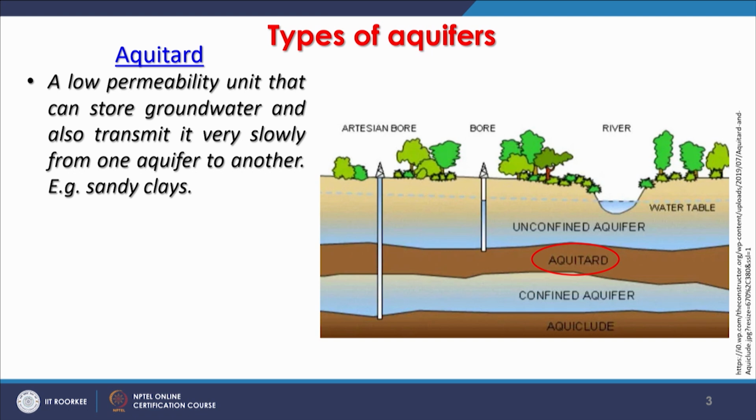Because of clay the movement is slow, and as you might know, the characteristic of clay is that as soon as it comes in contact with water it swells, and once it swells it does not allow water to move easily from one end to another. So, if the layer is sandy clay, clayey layer or clayey sands, then that cannot be called a typical aquifer, it is called Aquitard.